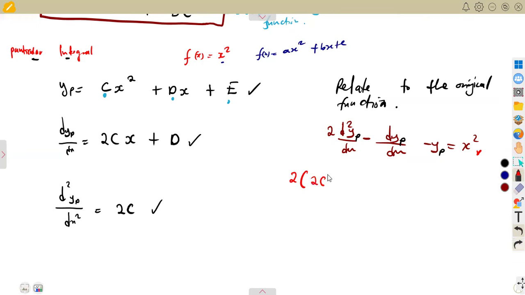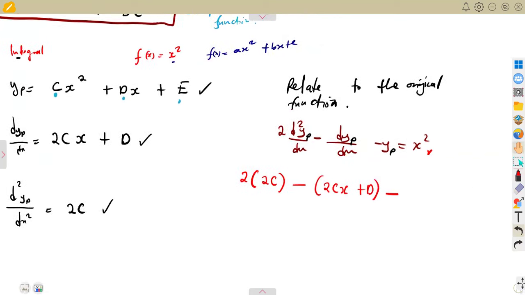It's 2c minus dy/dx, the derivative of y with respect to x of the particular integral, which in this case we got 2cx plus d, minus yp, which is y in this case, represented by yp, the quadratic that we took, cx squared plus dx plus e.